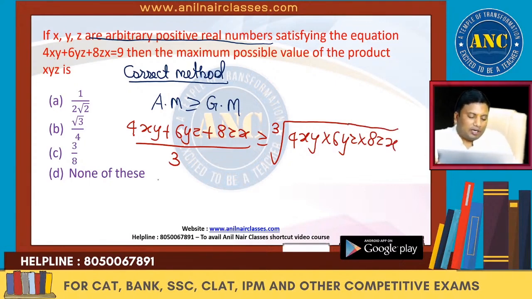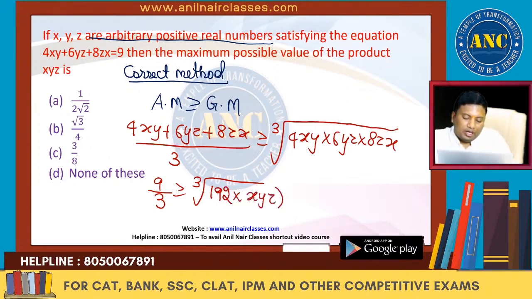The left side is 9 by 3. Under the cube root, 4 6s are 24, 24 8s are 192, into x, y, z whole square.